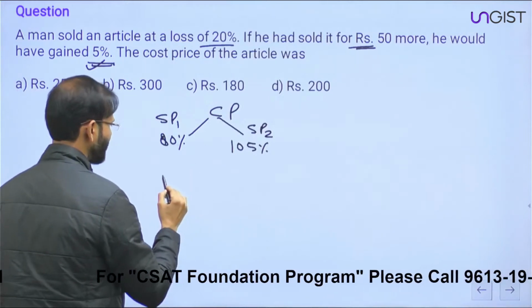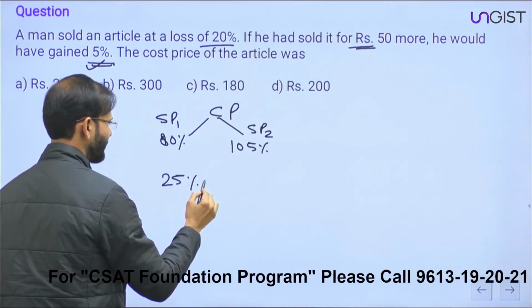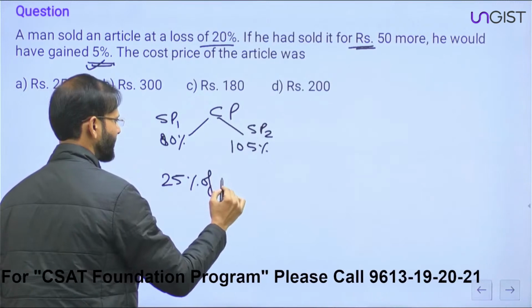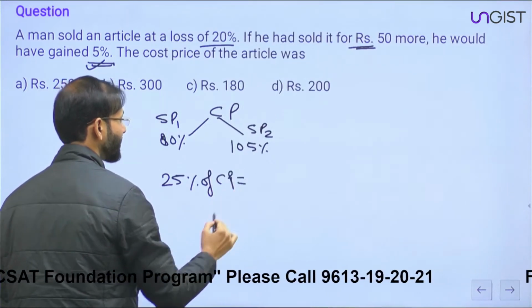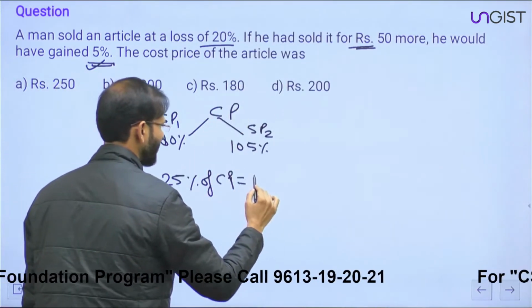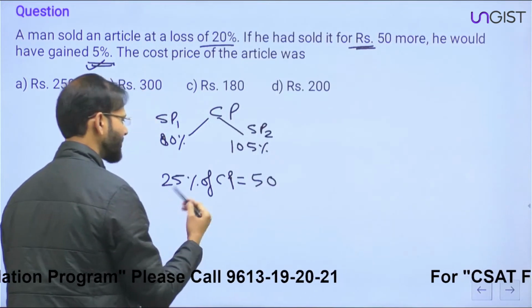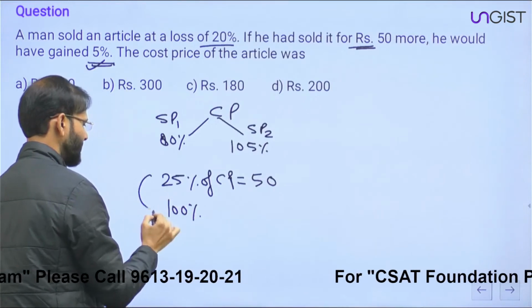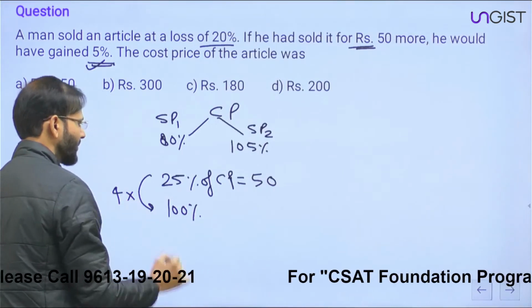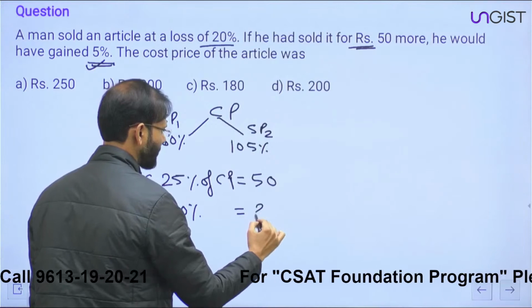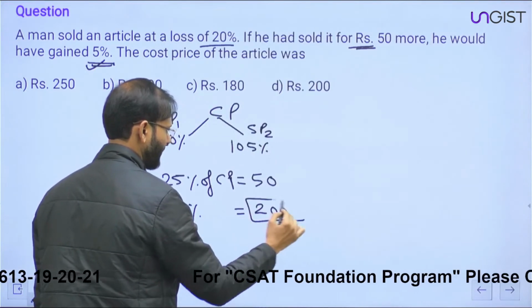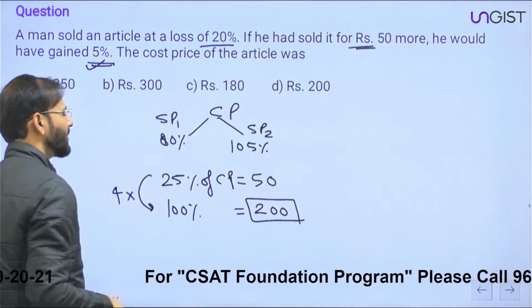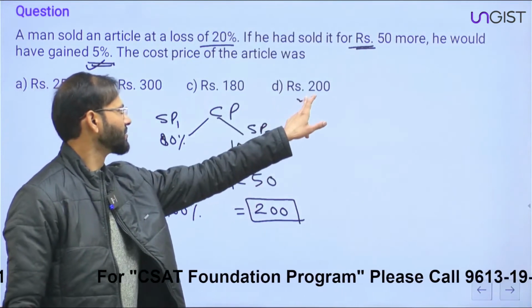The difference between these two is 25% of CP, which is equal to 50 rupees. So 25% of CP is equal to 50 rupees, then 100% of CP will be what? Guys, this is 4 times, right? So 4 times of this will be 200 rupees. All right? So here, CP of the article will be rupees 200.